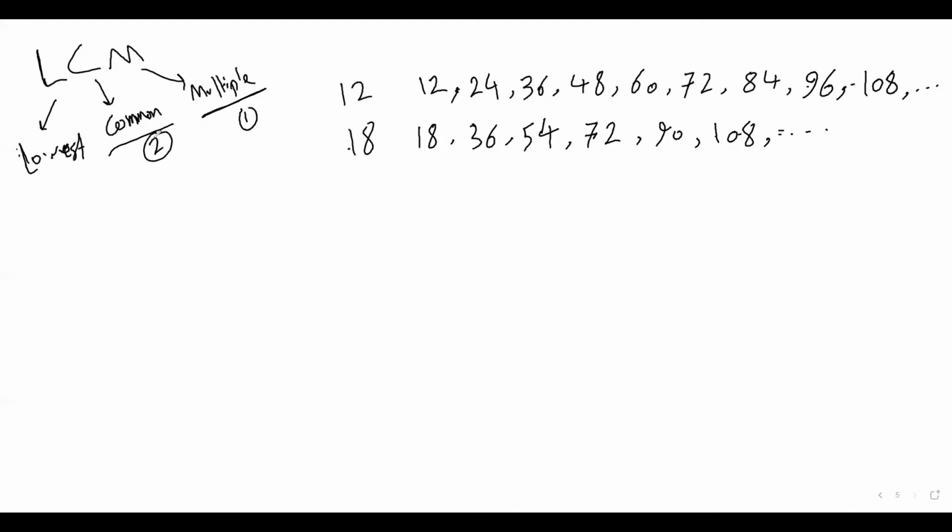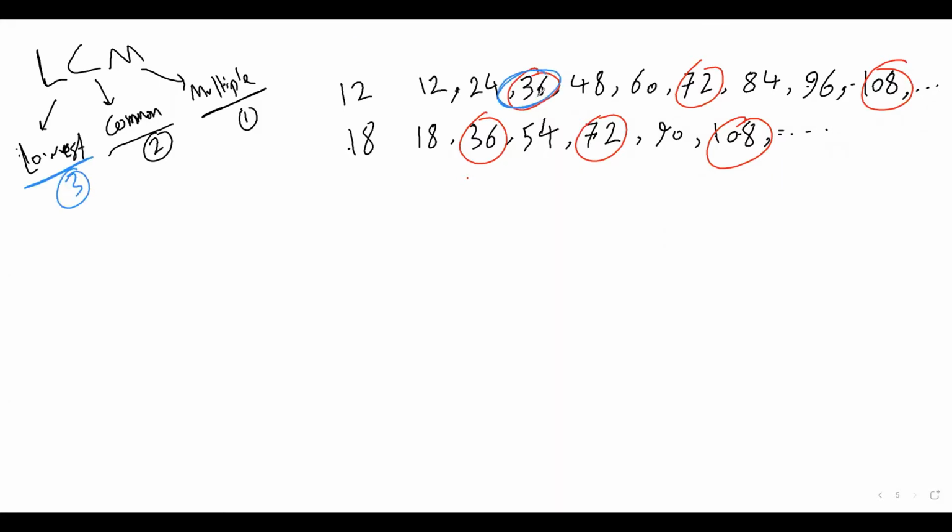So the common ones are 36. That's the common one. What else? 72 and 108. And it keeps going, right? These are the common ones, guys. And out of which, if I ask you to circle out the lowest, this is the third step, right?